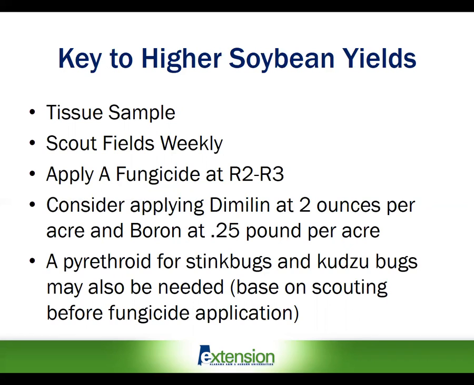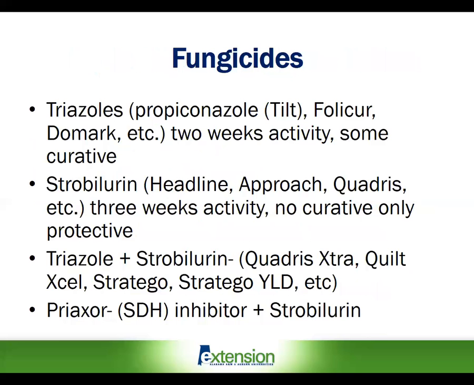Another thing is you want to be scouting very diligently during this time, because if you do have stink bugs or kudzu bugs above threshold, it's very easy to put a pyrethroid in with this fungicide application. But I would definitely be scouting every week for these insects.